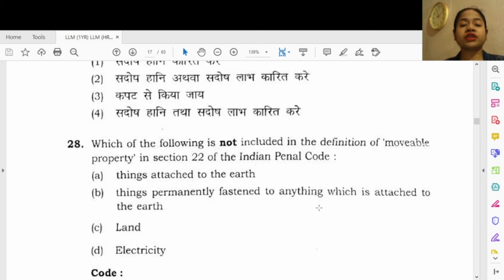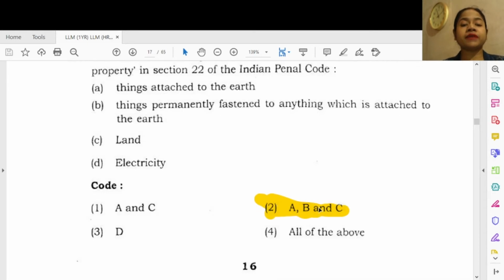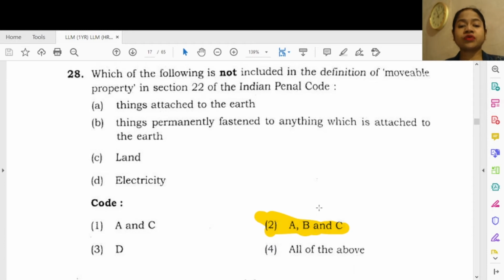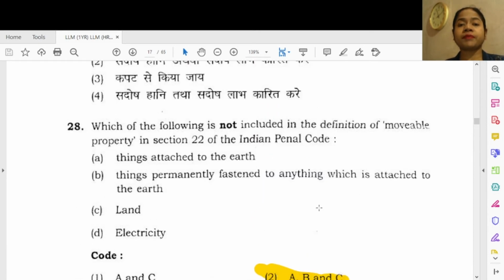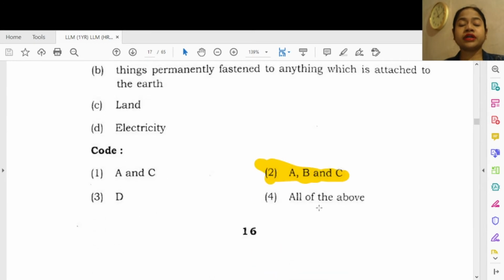Which of the following is not included in the definition of movable property in section 22 of the Indian Penal Code? This is option A, B and C: things attached to earth, things permanently fastened to anything which is attached to the earth, and land. These are not included in the definition of movable property, because movable property is something that can be moved, but these properties cannot be removed.